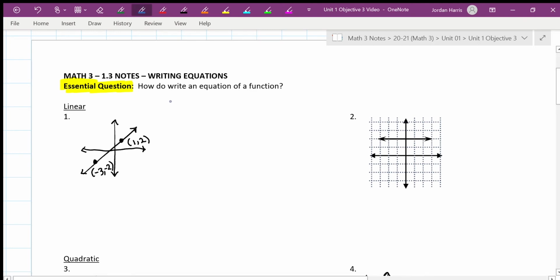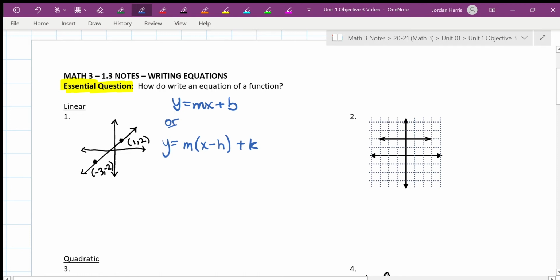We have y equals mx plus b. That's for the easiest ones. Most of the time, though, we're going to use this kind of thing: y equals m(x minus h) plus k.